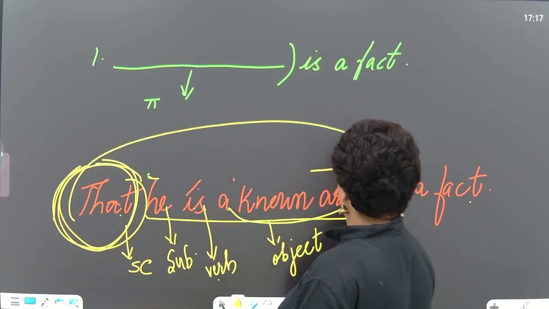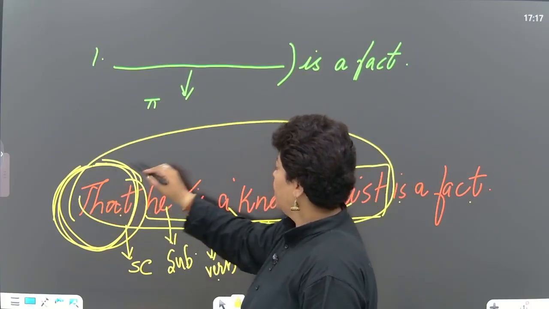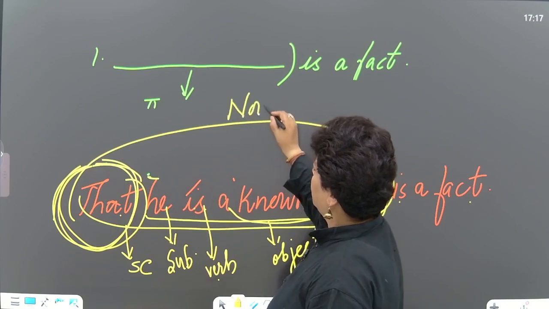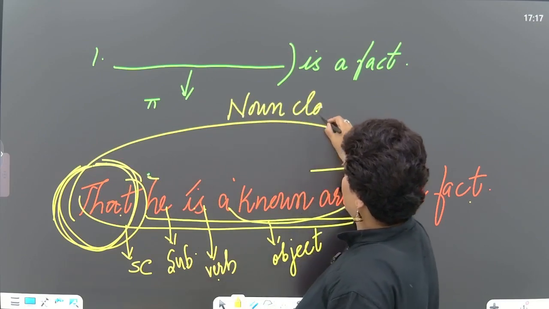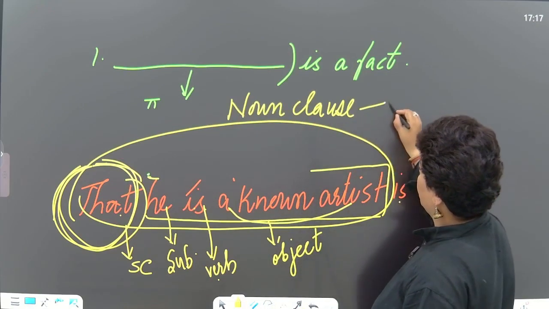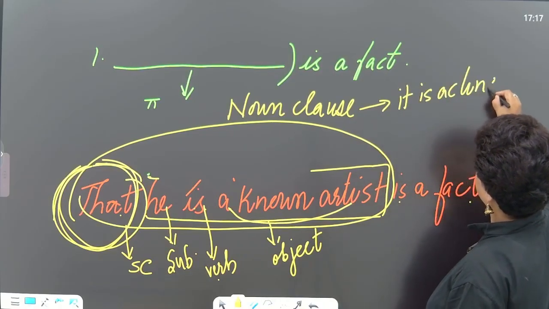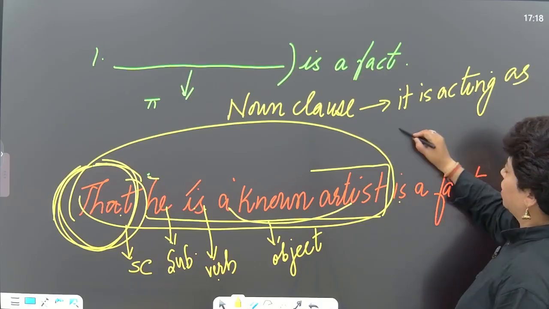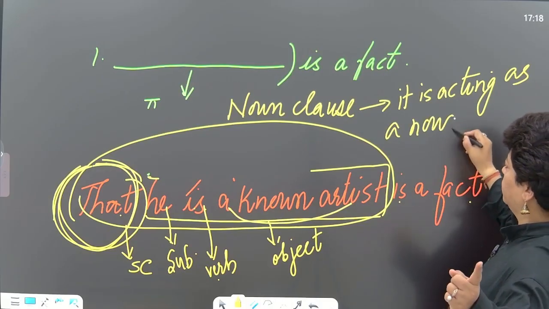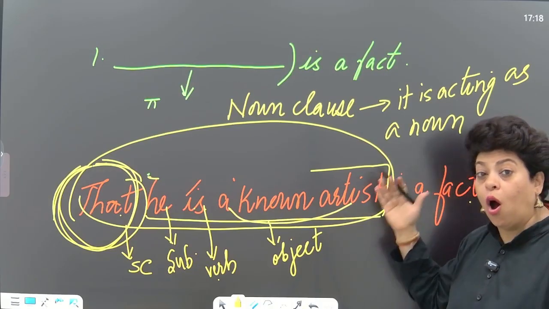This complete thing is said to be a noun clause because it is acting as a noun. Noun to what?